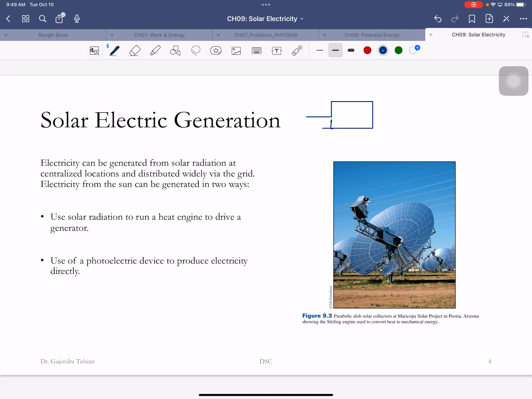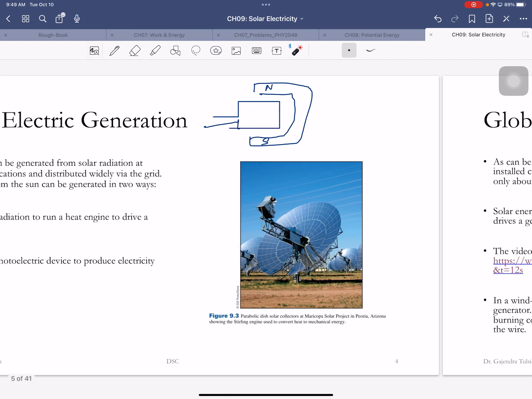And that's how we've been producing electricity for over 100 years. Now this technology is newer, the photoelectric device or photovoltaic cells, and we'll talk about that. Okay. So that's the second half of the chapter. And that story is a little involved. So we'll get to that.